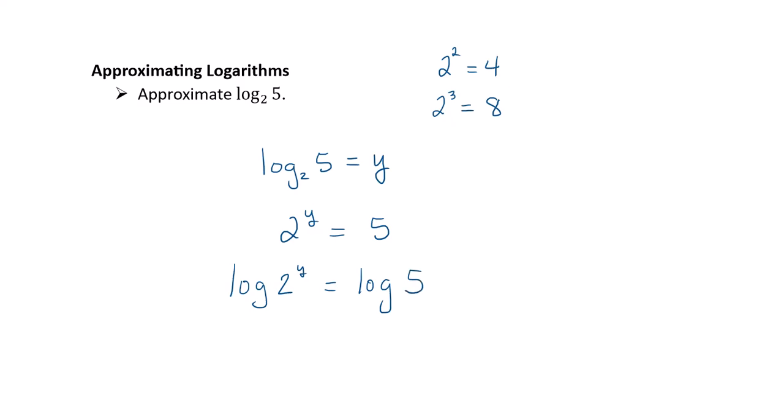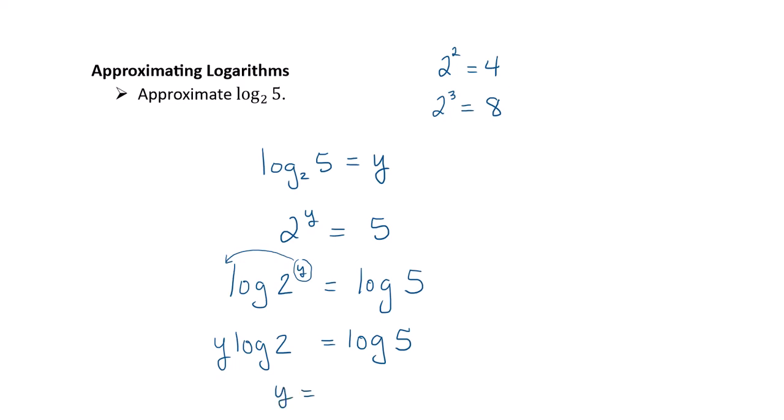When I do this, there is a log property that we're going to learn about soon, where we take the exponent on an argument and it comes down in front to be the coefficient of that log. Well, now I can divide both sides by log 2.